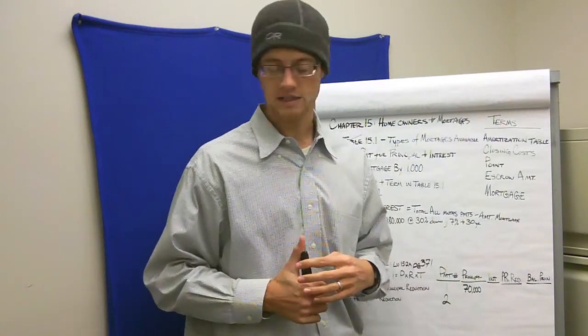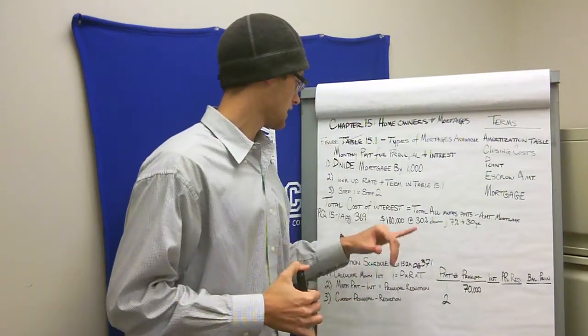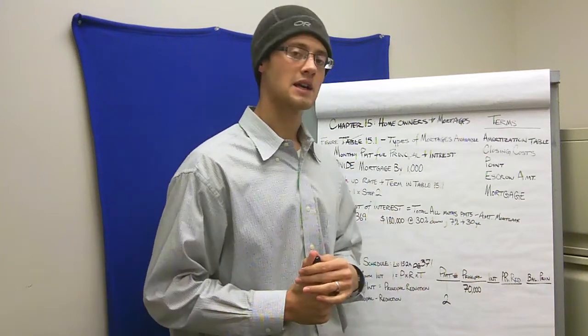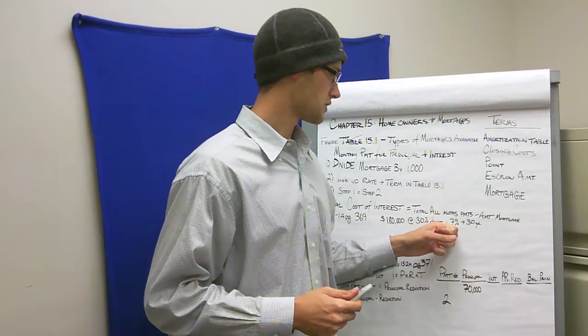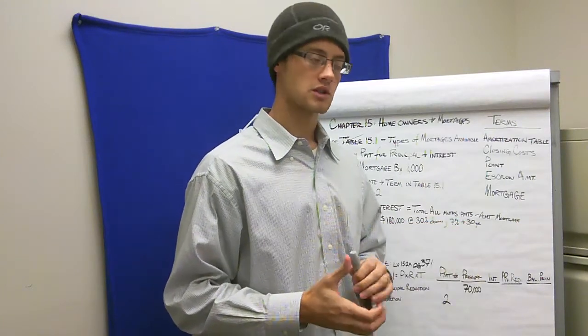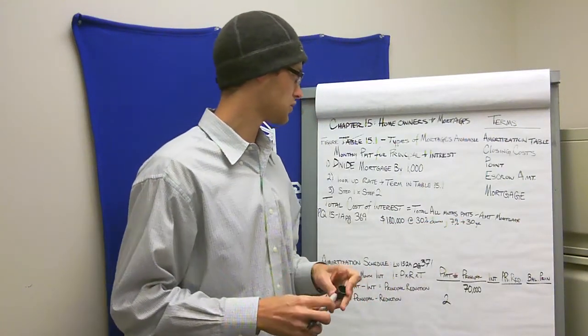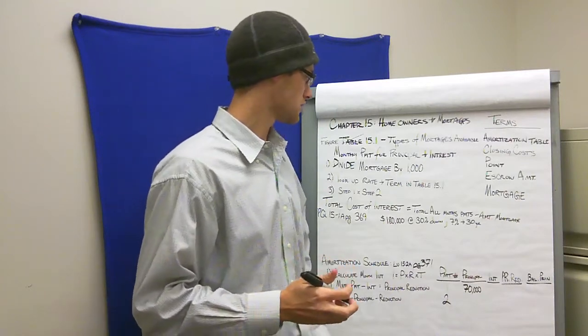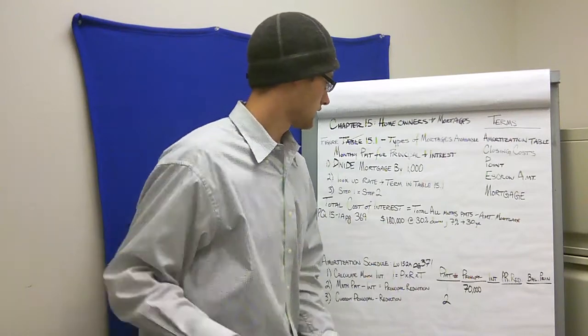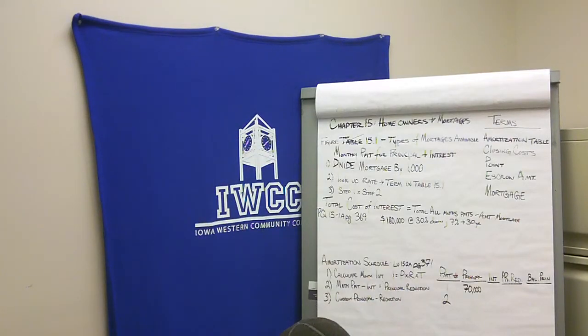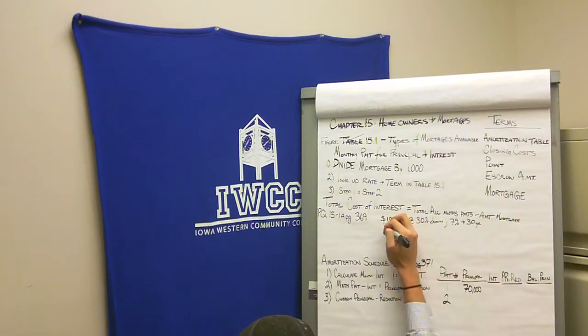Extra practice problem 15-1A says we're going to purchase a $180,000 home with 30% down, 7% interest, and a 30-year mortgage. First I need to figure out how much to take out for my mortgage. 30% down of $180,000 is $54,000.